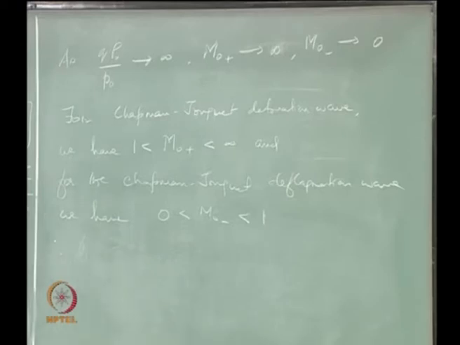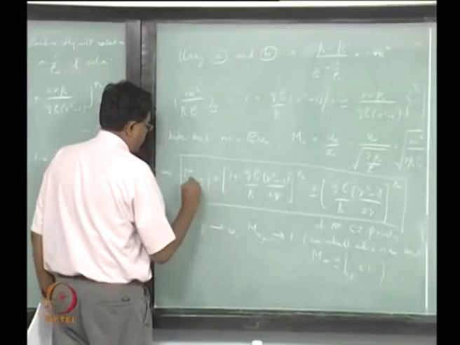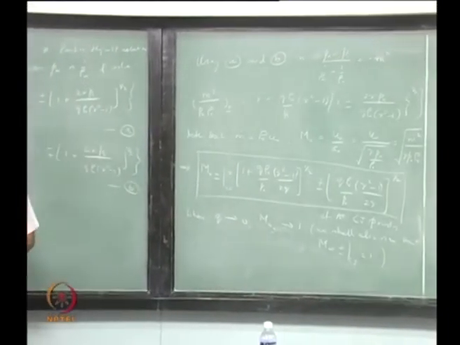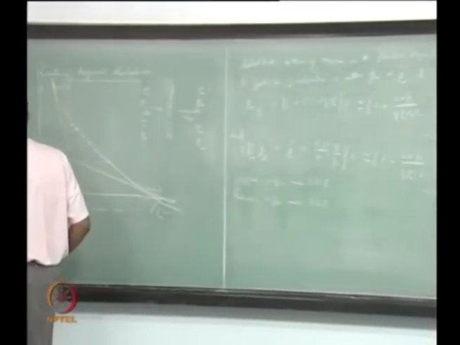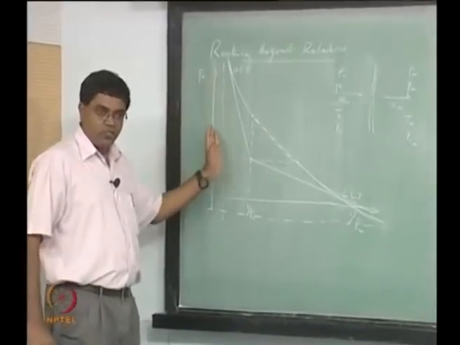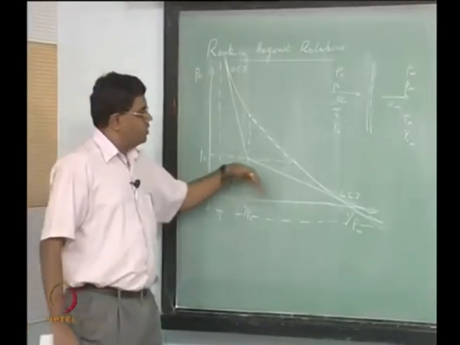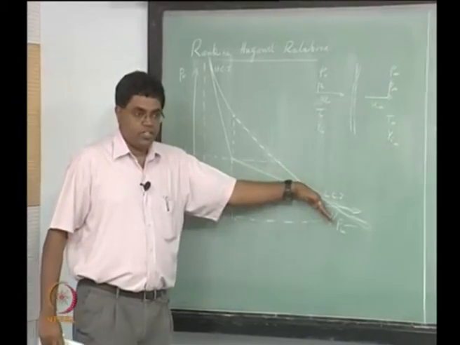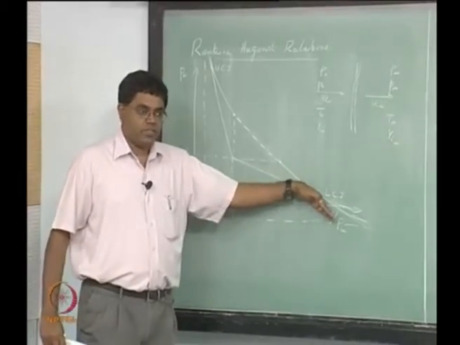The reason why, and I want to bring that in to generalize this quite well, the reason why we were actually looking at M naught plus or minus at Cj points is, keep in mind, the Cj detonation is the slowest of all the detonation waves, and the Cj deflagration is the slowest of all deflagration waves, right.